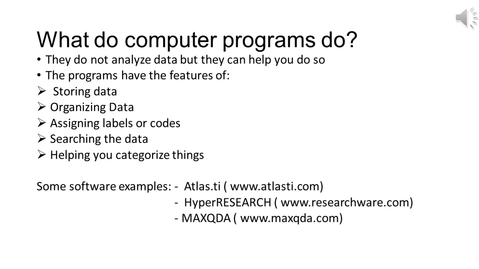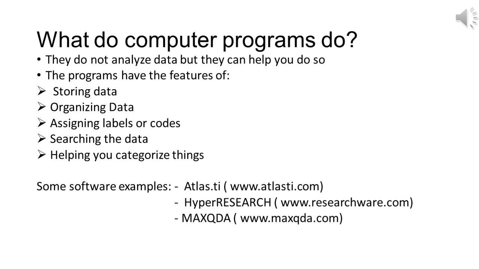The programs have these features of analysis: they store data, they organize data, they assign labels or codes, they search the data. If you have a keyword, they can find it. They can help you categorize things. So they just assist you. They do not do the whole analysis.